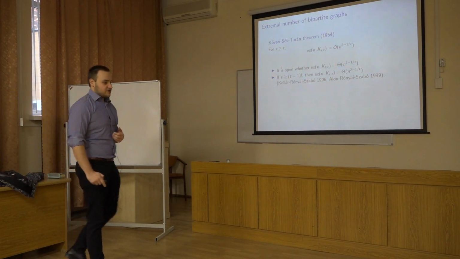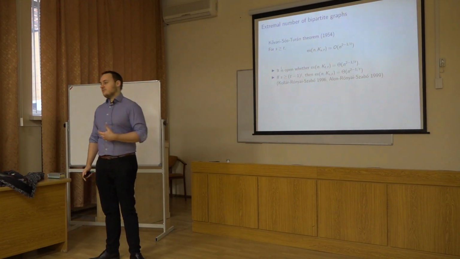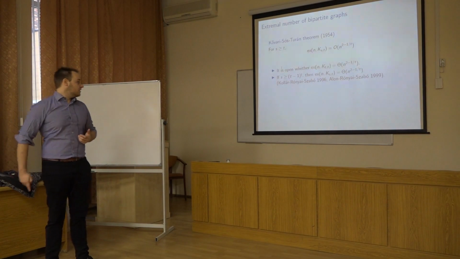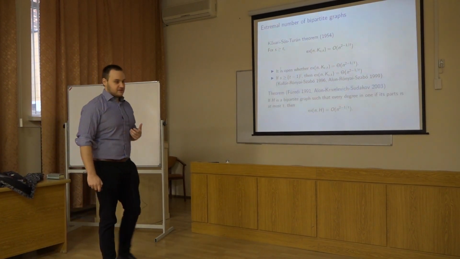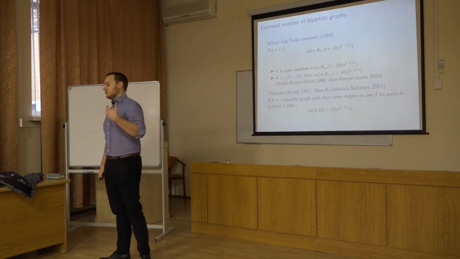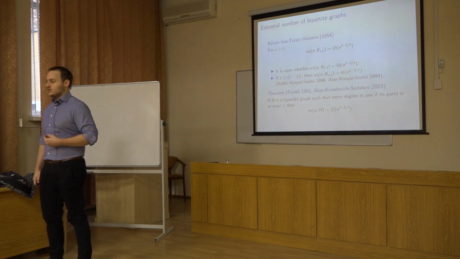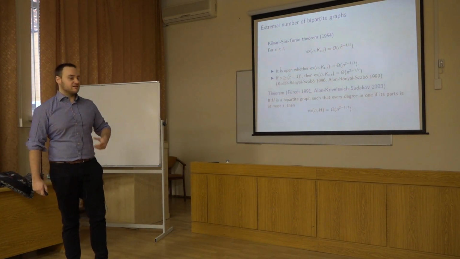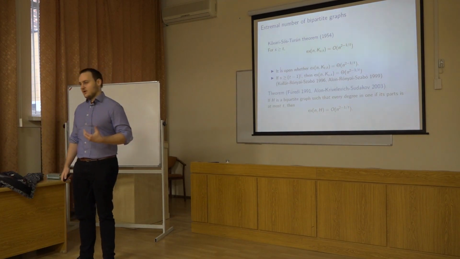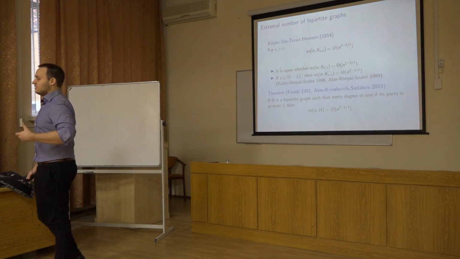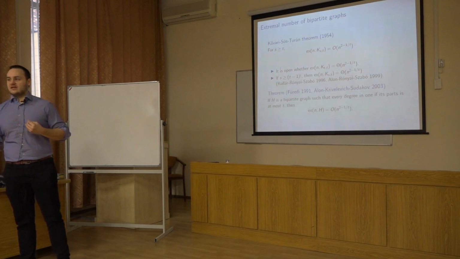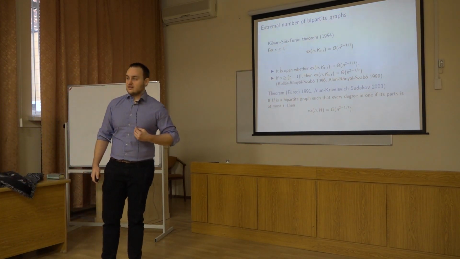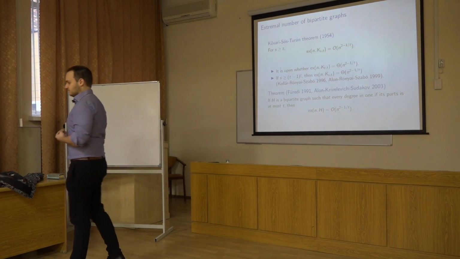Now this was the Kővári-Sós-Turán theorem, and this theorem was greatly generalized in the following manner. Füredi, and later, using the dependent random choice method, Alon, Krivelevich, and Sudakov proved that if we look at any bipartite graph H where we only assume that every degree in one of the parts is at most t, then we can get the same upper bound.